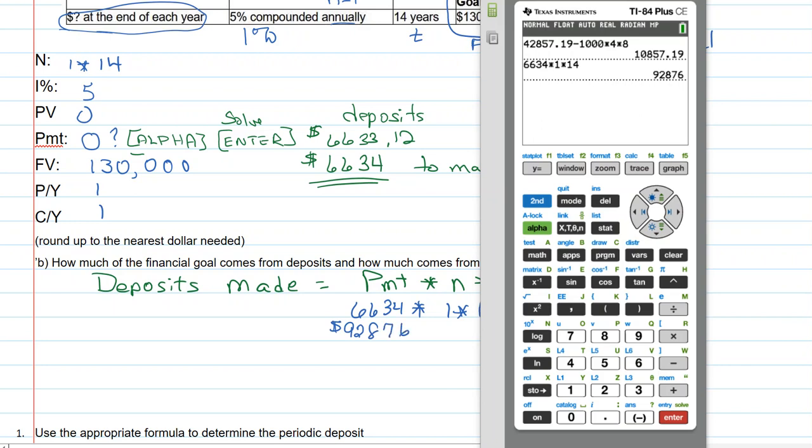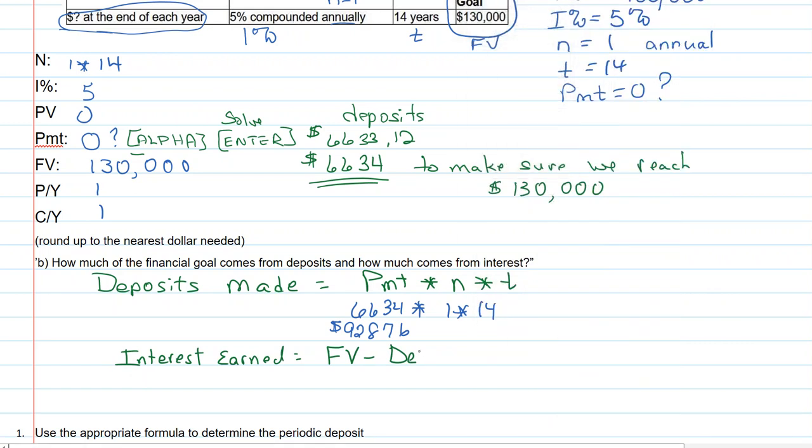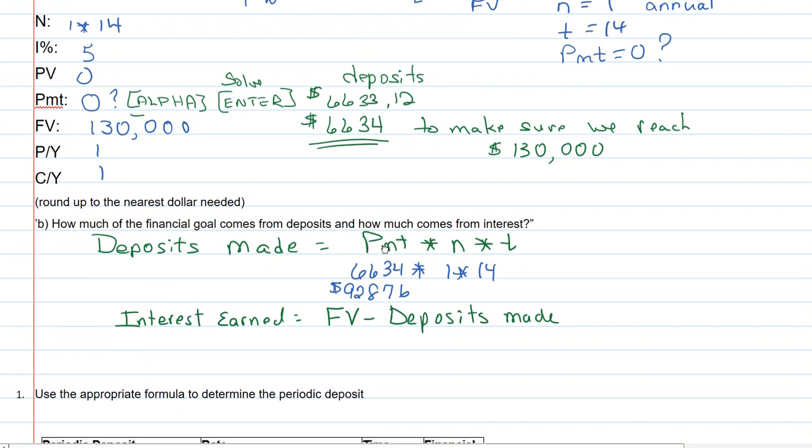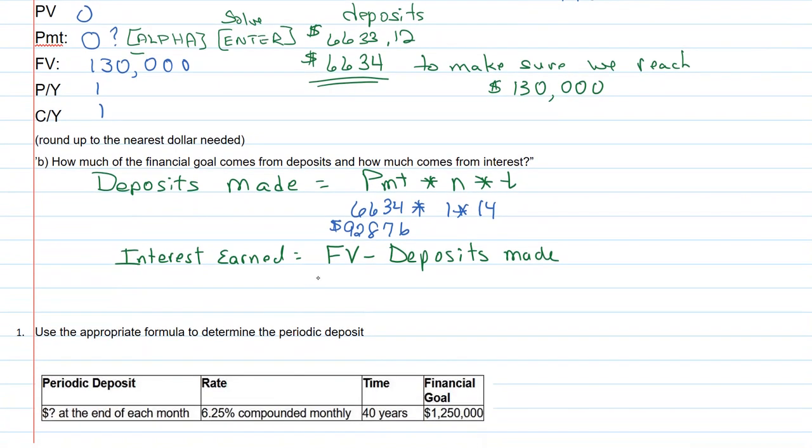All right. Well, then they want the interest. All right. Now that's going to be the future value minus deposits made. So let's look at that. Our future value is about 130,000.